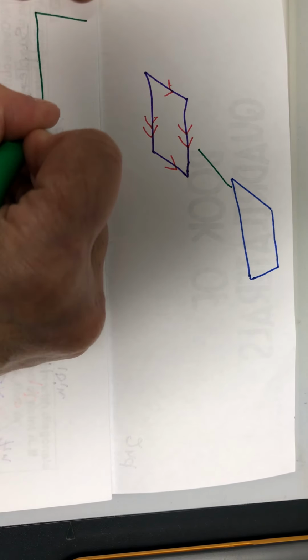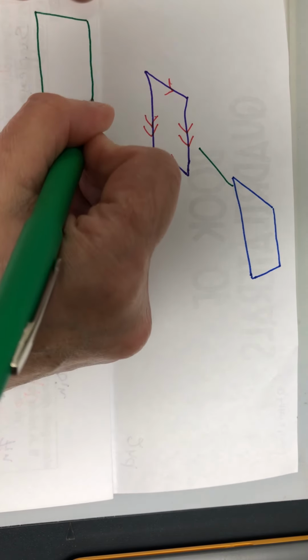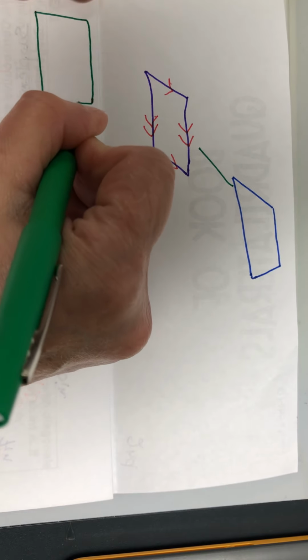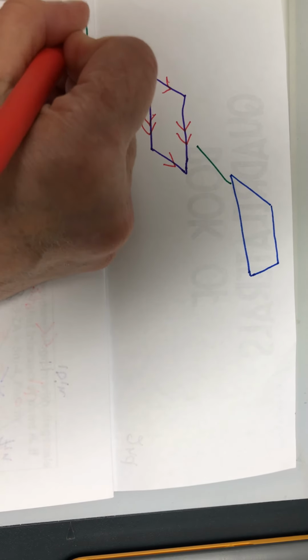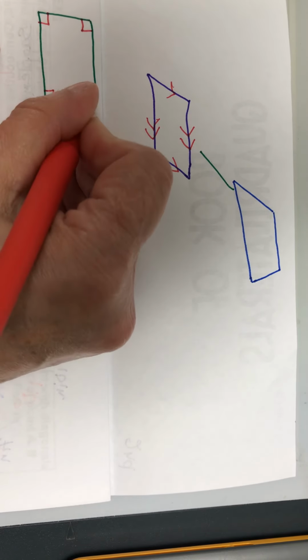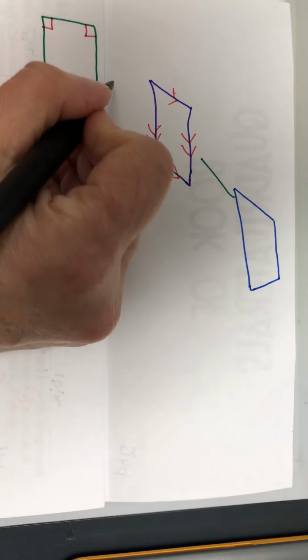A rectangle is a parallelogram with 4 right angles. In addition to having 4 right angles and all 5 properties of the parallelogram, a rectangle has diagonals that are congruent.